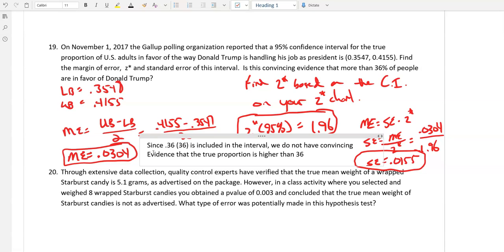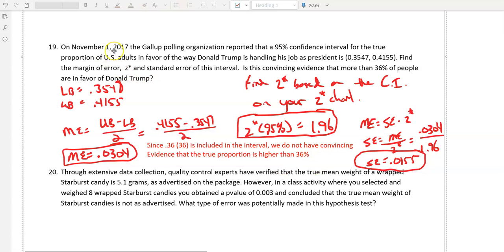My bad. We do not have convincing evidence that it's higher because 36 is inside of the interval. Now, if they would have said 35 right here, convincing evidence it's more than 35, we would have convincing evidence because this entire thing is above 35. But since it is included in the interval, we do not have convincing evidence. So that would be my final answer on number 19.